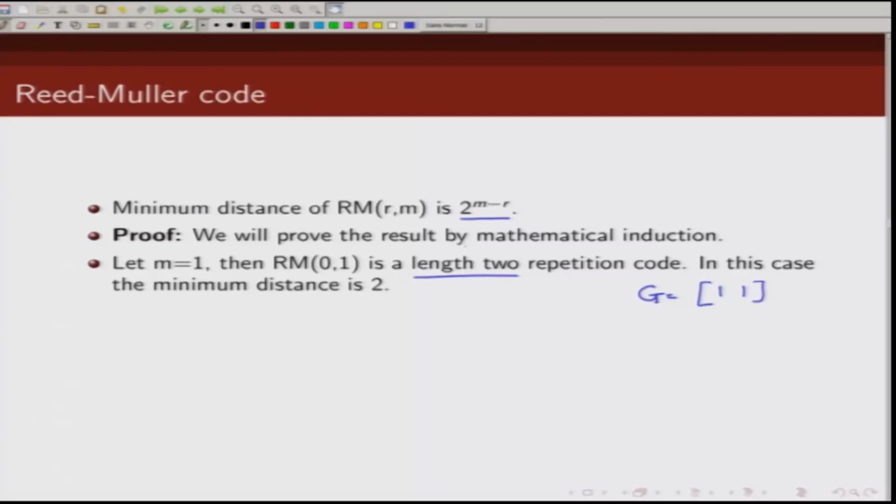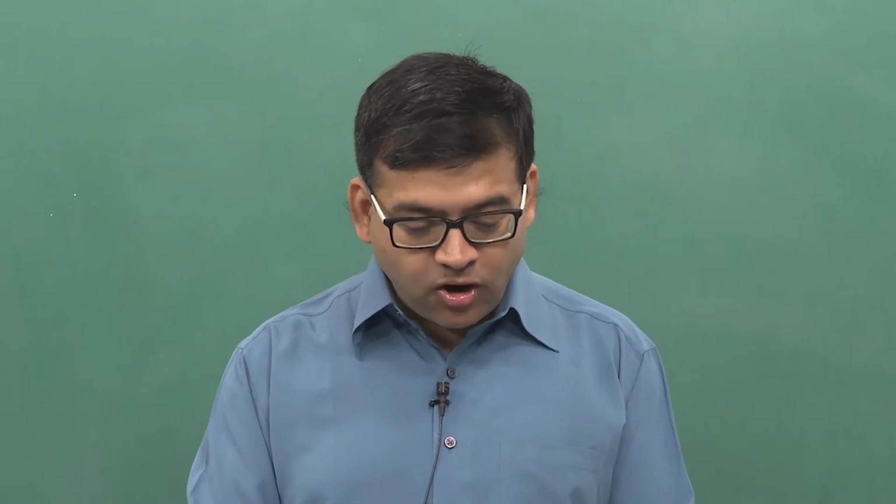And what is the minimum distance of this code? It is 2. So, let us plug that in here and see whether it is correct. m in our case is 1 and r is 0. This gives us a minimum distance of 2, and that is precisely what we are getting. So, this holds true for m equal to 1 and r equal to 0.